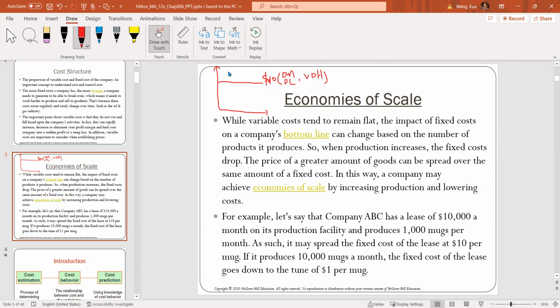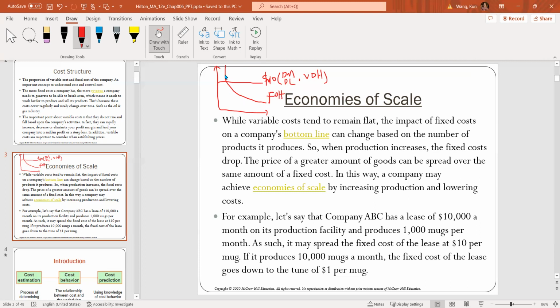But looking at the fixed cost per unit, like my fixed overhead, that goes downward, because the total overhead is fixed. So when I increase my sales volume, my fixed overhead per unit goes down.